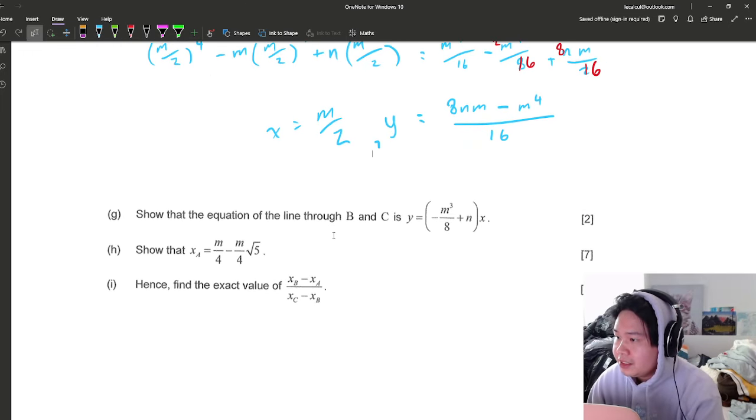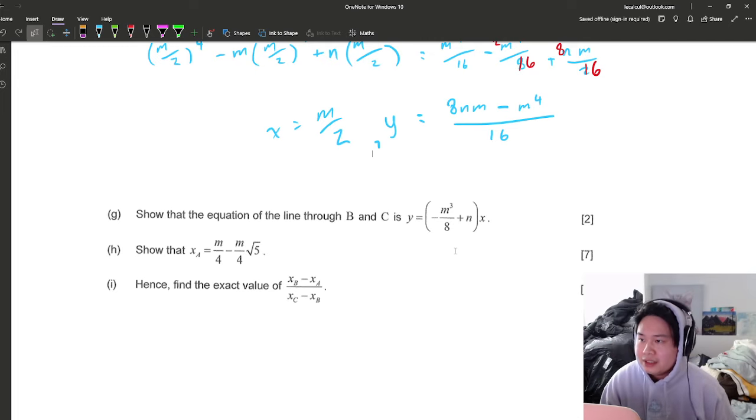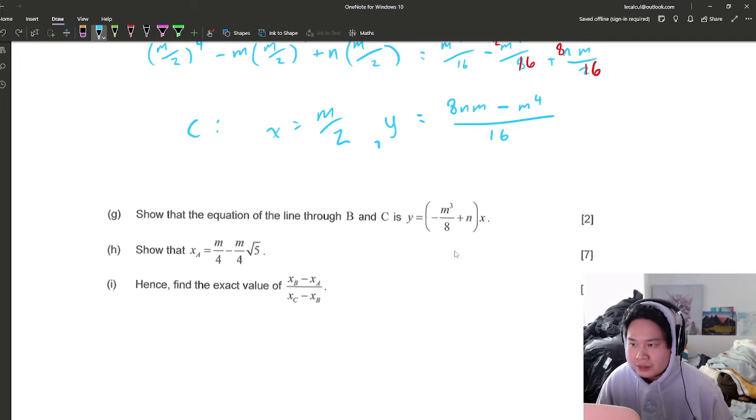Okay, then show that the equation of the line is this. Okay, so this is the same concept, right? We're just gonna take, this is C, and then we're gonna take C minus B, like the y values. We're doing the same thing. We're finding the slope from C to B, but B is the origin. Okay, so then all I'm gonna do is write it here.